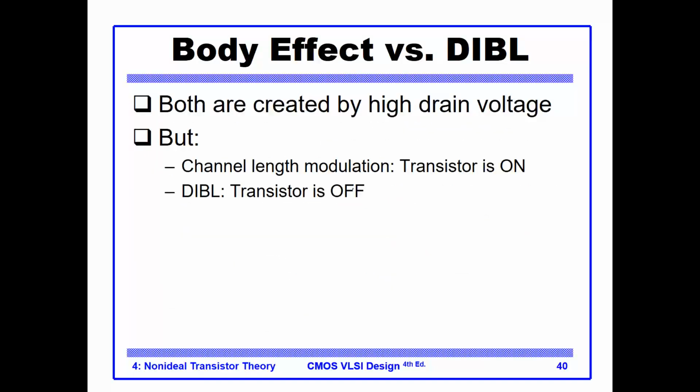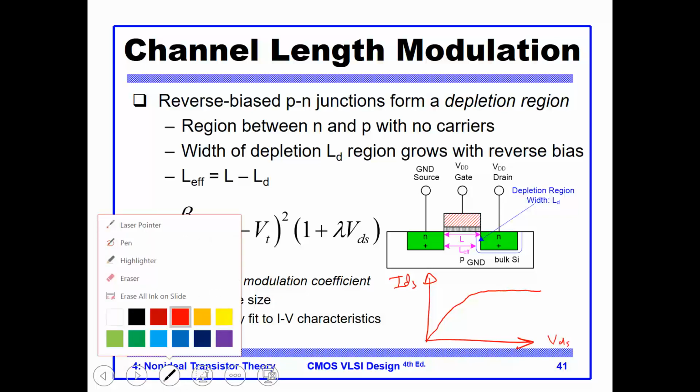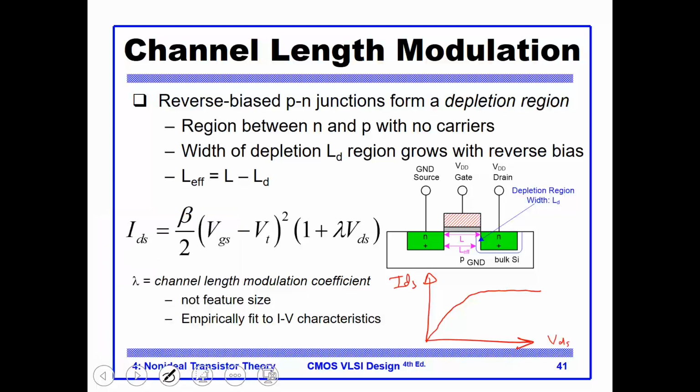Okay, so let's go. Channel length modulation: if we recall the current relationship with VDS, we say that the current goes like this, and when it reaches saturation, it flattens. What people found out is that this is not really flat when we reach saturation.